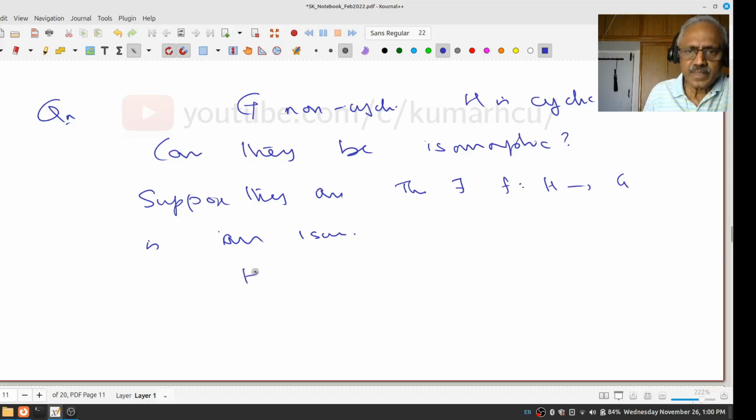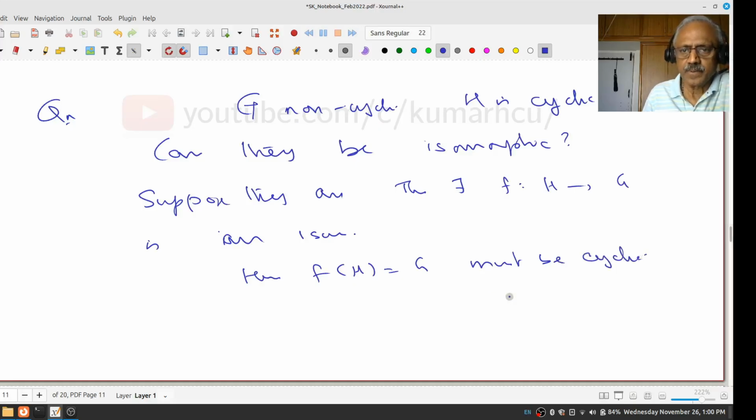Hence f of H equals G must be cyclic. This is a contradiction. Therefore, a non-cyclic group and a cyclic group cannot be isomorphic.